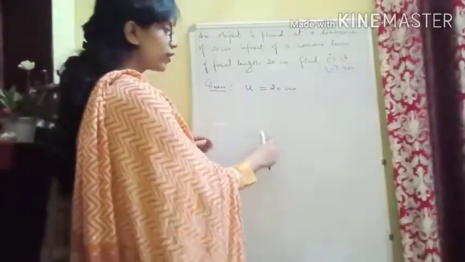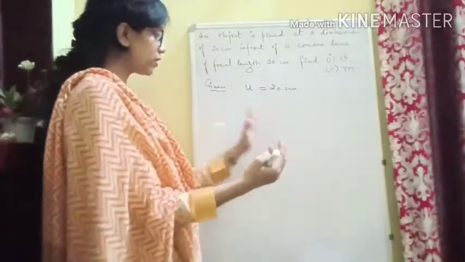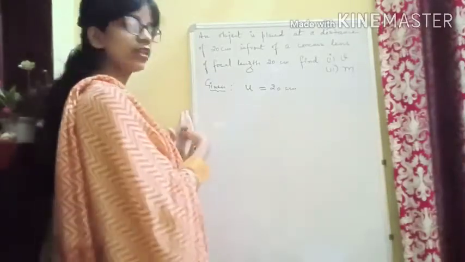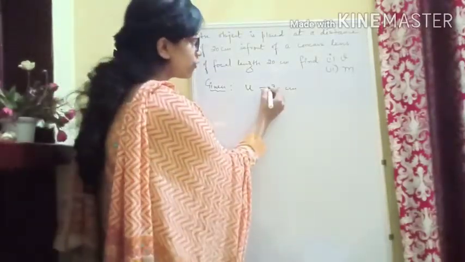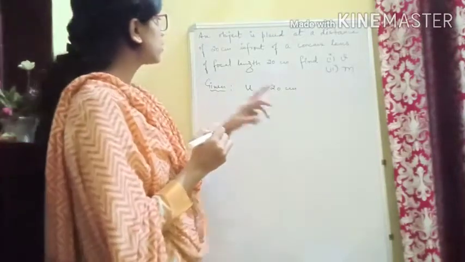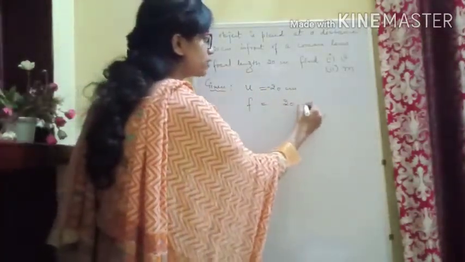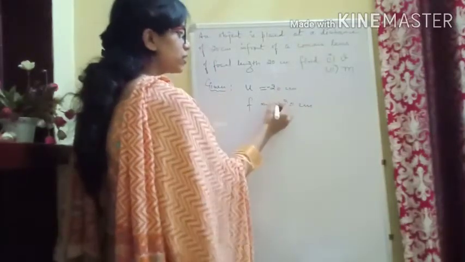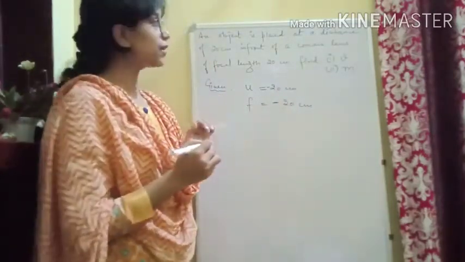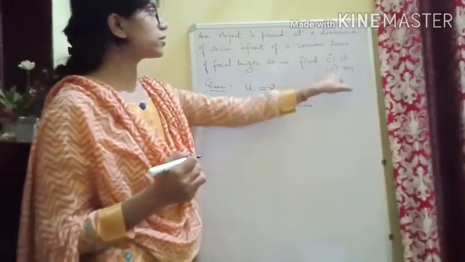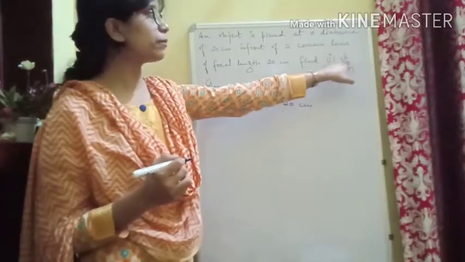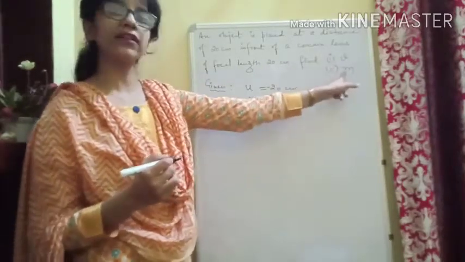Whether you take concave or convex, the object is placed in front of the lens, that means on the left hand side, so the sign will always be negative. The focal length is given as 20 centimeter, and since it is a concave lens, it will also be taken negative. You have to calculate the position of the image denoted by V, and you have to calculate the magnification.